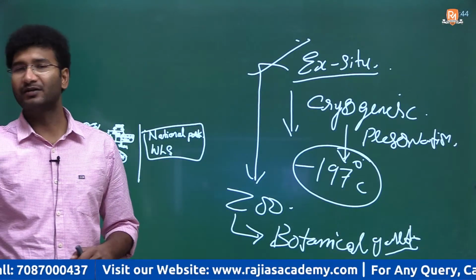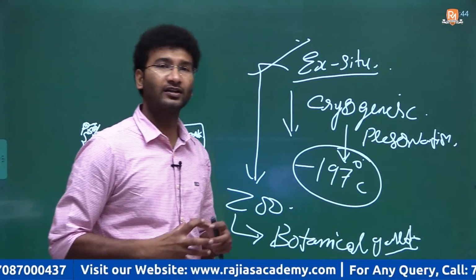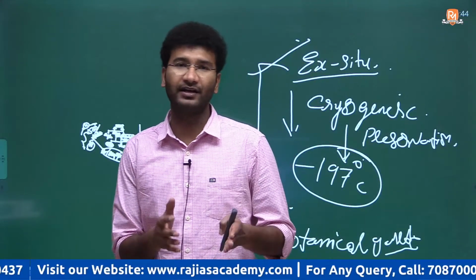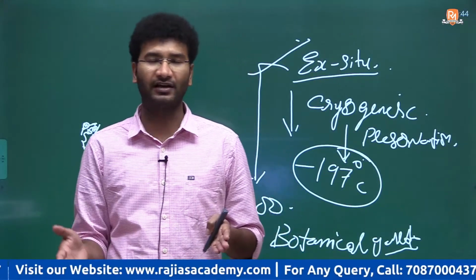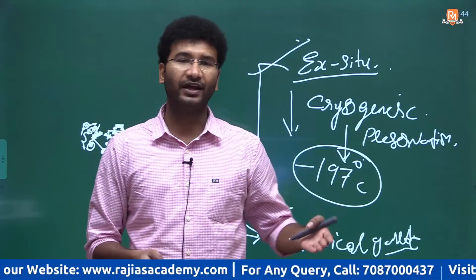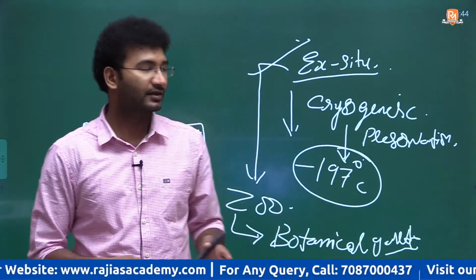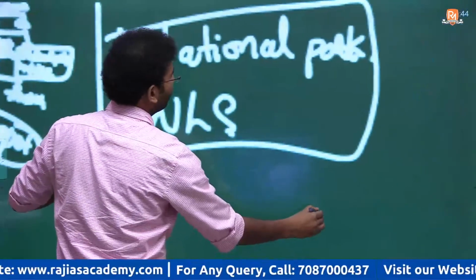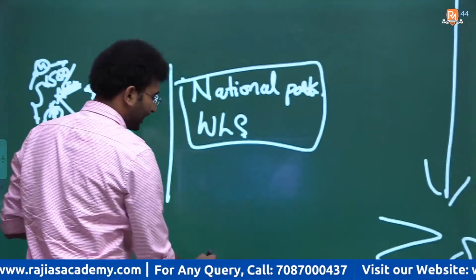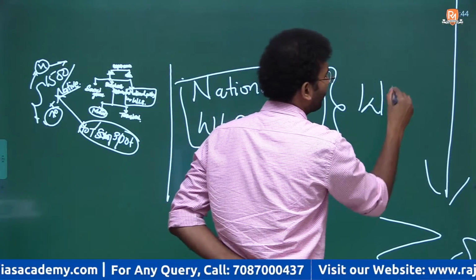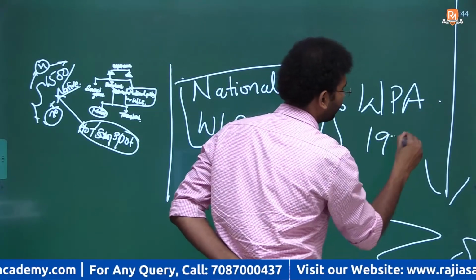Now let's quickly get back to in situ conservation, what the methods of in situ conservation are, and how exactly the government of India defines a national park and how it is different from a wildlife sanctuary. And then later we'll understand the hotspots of India, where exactly they are present and under what circumstances they are there in India, right? Firstly, let us look at the national park. See, both national park and wildlife sanctuary were given under the Wildlife Protection Act of 1972.